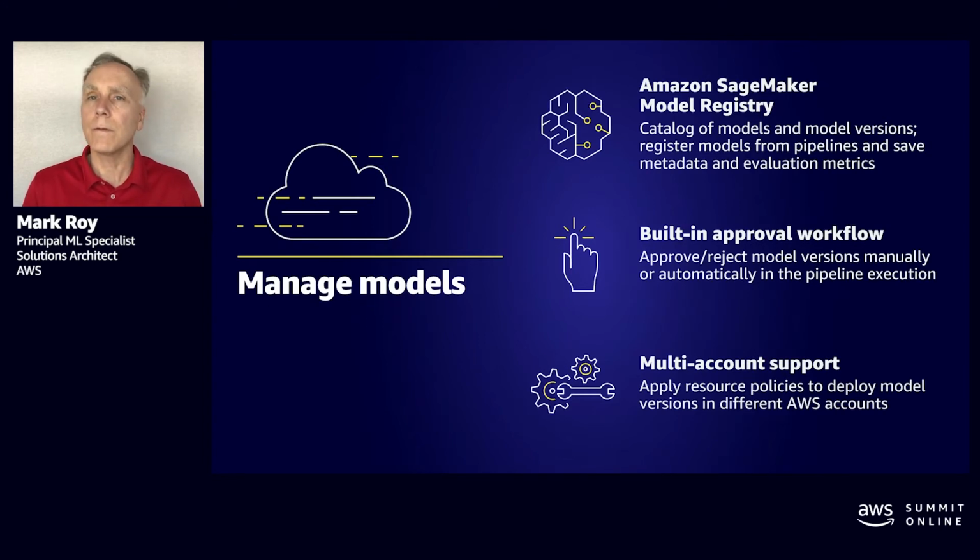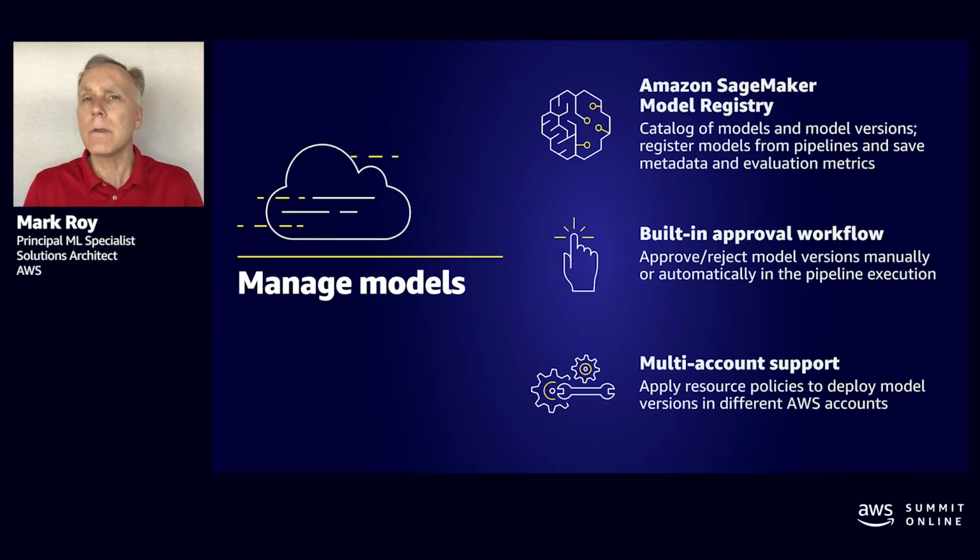There's approval workflows built in, so you can either automate that in your pipeline, or you can have a manual step where someone can use SageMaker Studio to see, oh, I've got a model version that's waiting and staging. Let me right-click and approve that and continue the pipeline.